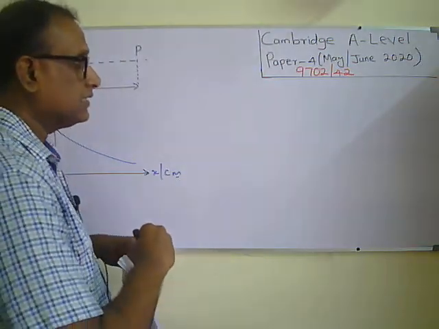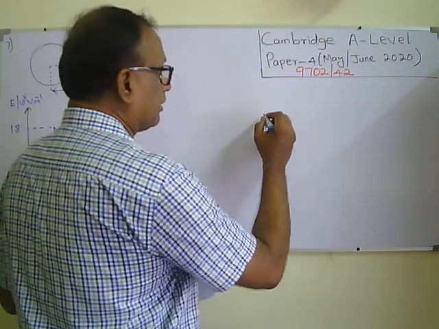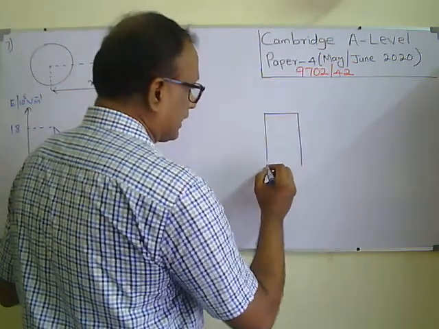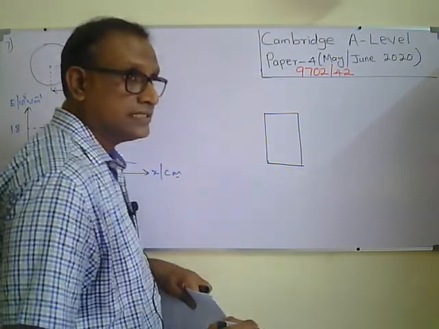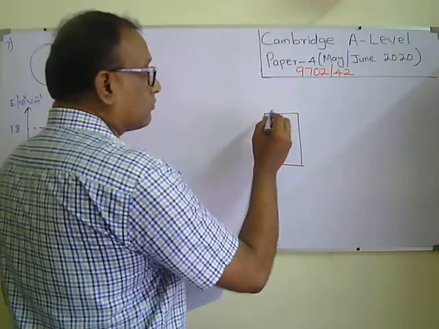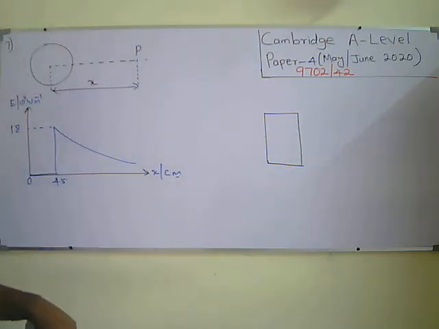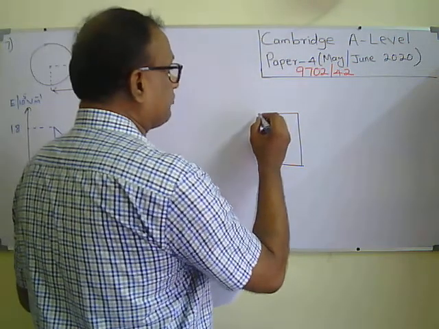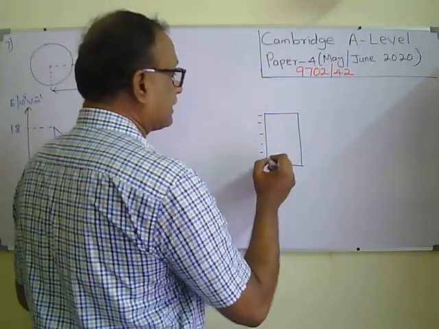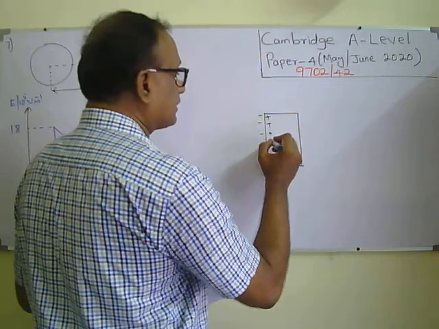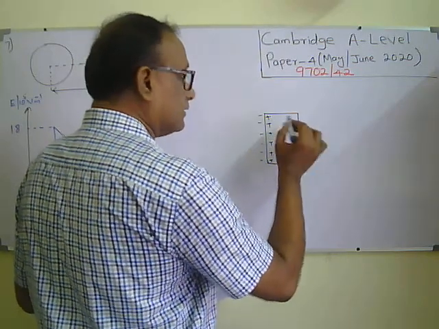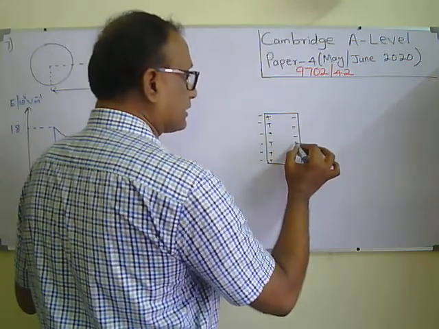Why? What's the reason? Imagine a metal block is charged. The charges will stay on the outer surface of it, and inside the metal there will be opposite type of charge. So if it is charged negatively here, inside there will be positive charge, and this side will have a negative charge.